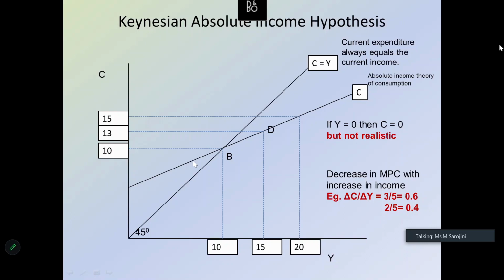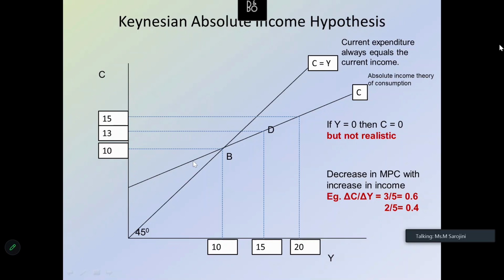Here, according to this consumption function, there is no possibility that zero income equals zero consumption, right? Because that's also explained by this consumption function. Though income is equal to zero, there is consumption.